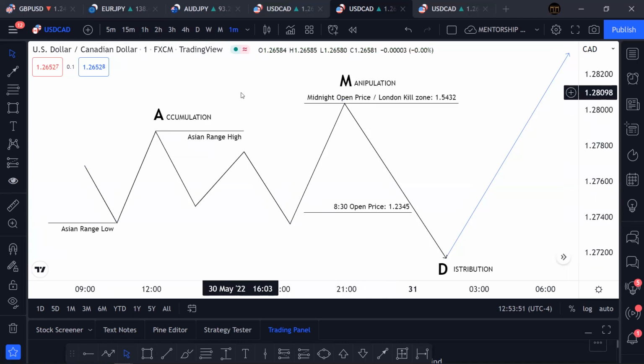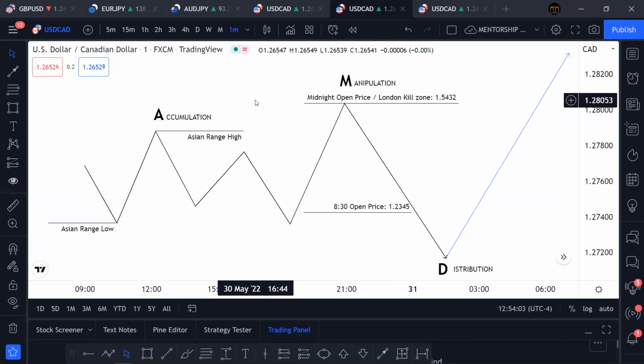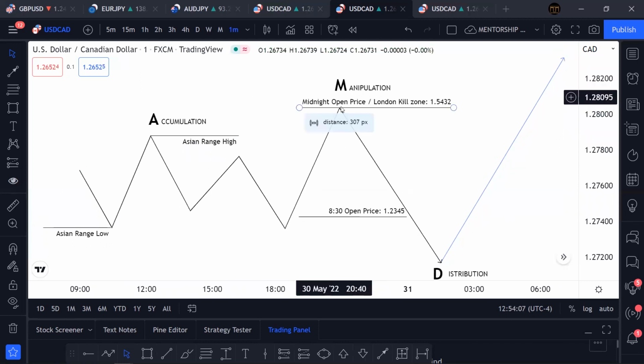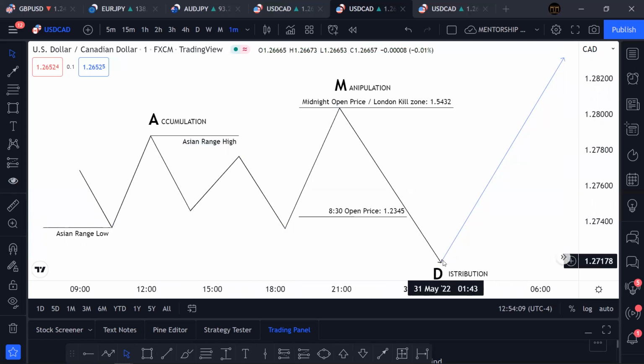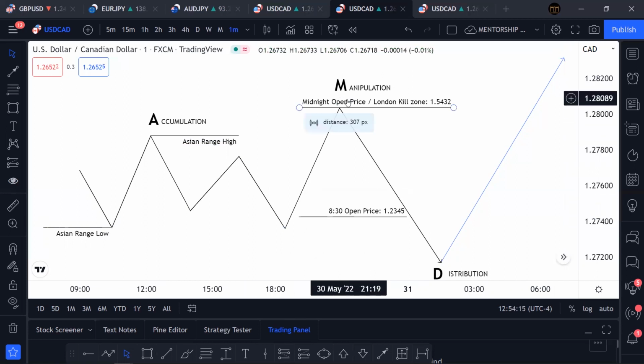I love doing my analysis on a daily. If we are bearish, I will sell above the Asian range, because remember, you have to move with the trend. Do not trade against the trend. If we are bullish, I will buy below the Asian range.